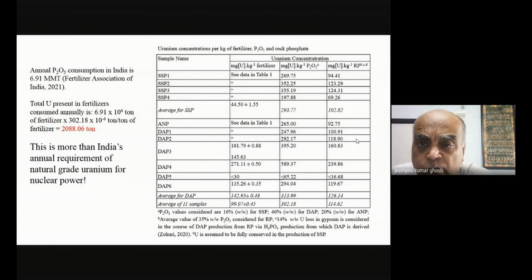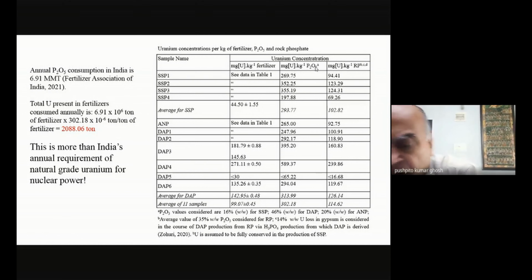Now, if you take the average of that, it comes to something like 302 ppm with respect to P2O5. That means 302 milligram of uranium per kilogram of P2O5. That is what ppm means, right?